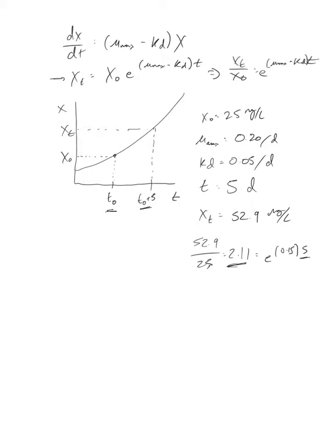If then we redid this starting at 52.9, if that was now our new population at time 0, and we wanted to know 5 days after that, so t sub 0 plus 10, what is the population? Well, it's 2.11 times 52.9, and we get 111.9 milligrams per liter is what you're going to get after 10 days.